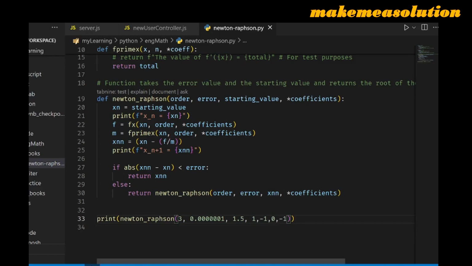So the first parameter here is the degree of the polynomial. So is the polynomial the highest degree 3 or 4 or 5 or 6? So the second parameter here is the error, that's the epsilon value or the accuracy. Then this value here is the start value, okay, the start value. Then any other value that is following at this point will be the coefficient of our polynomial. Is that okay?